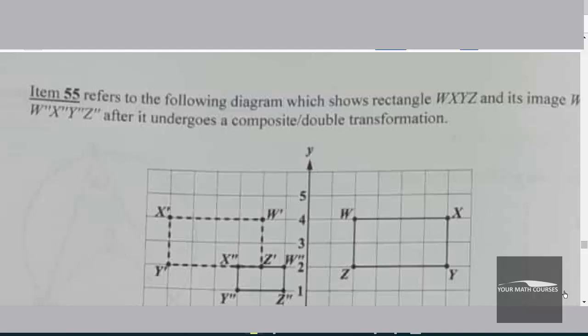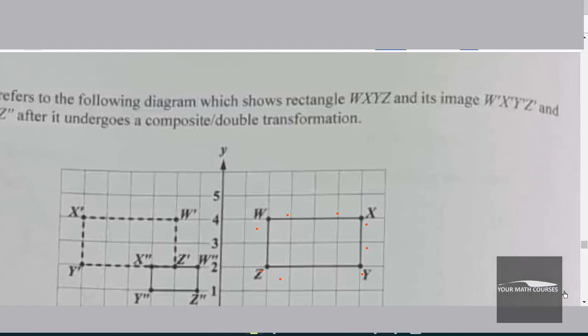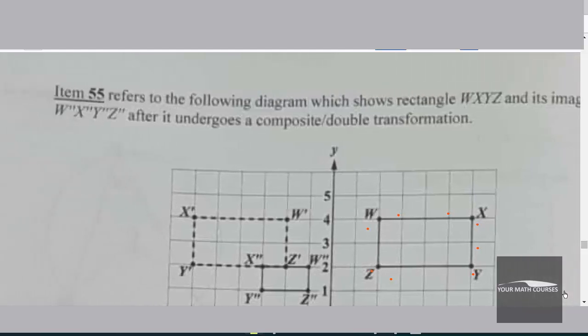So item 55 refers to the following diagram, which shows a rectangle WXYZ, and its image W'X'Y'Z' and W''X''Y''Z'', after it undergoes a composite transformation, a double transformation.